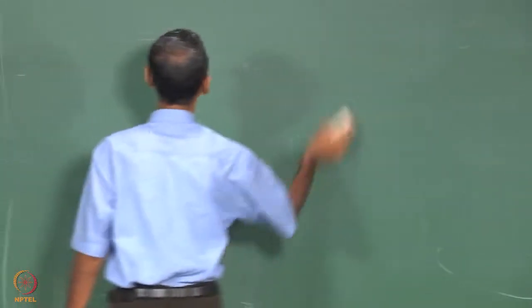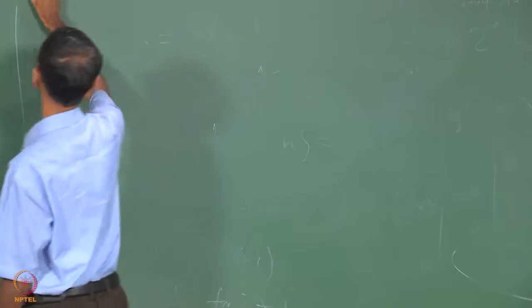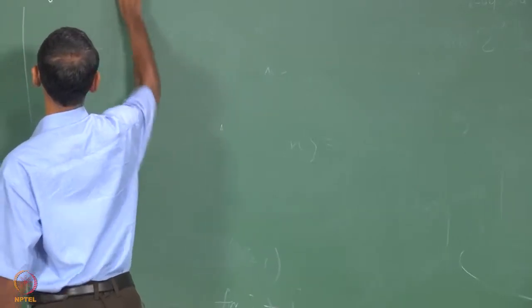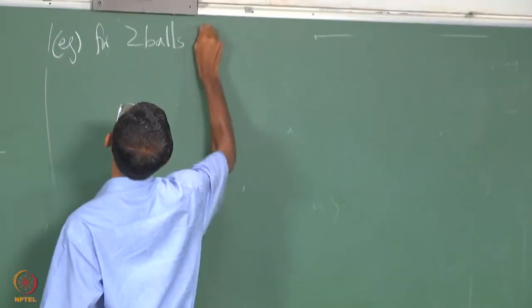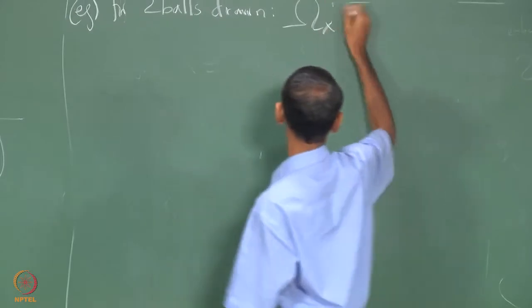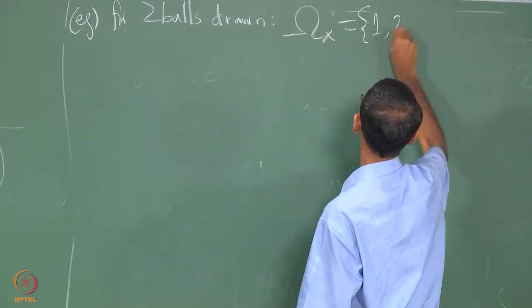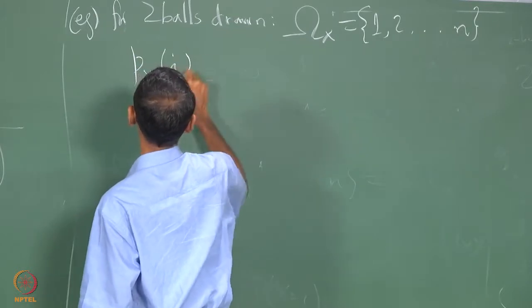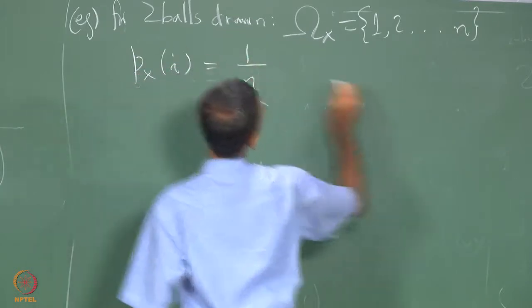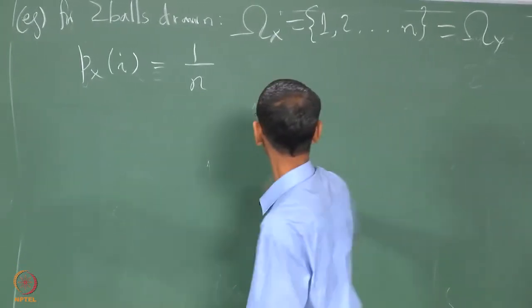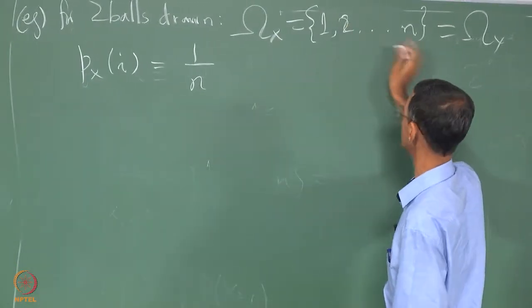So if I want to say this clearly, e.g. for two balls drawn, omega x, let me write it again, 1, 2 up to n, and Px of i equal to 1 by n, that is equal to omega y. I've already written it here, but write it again.